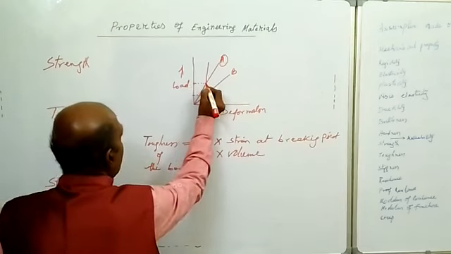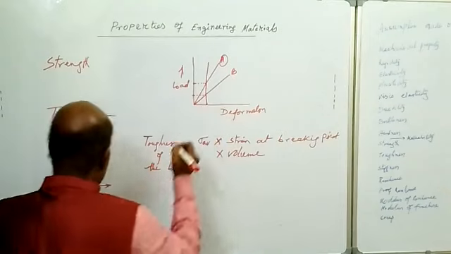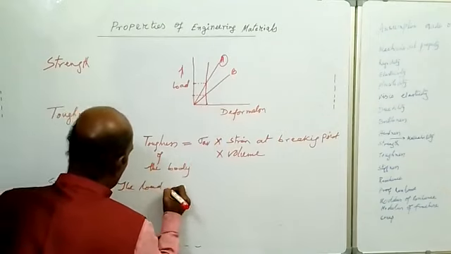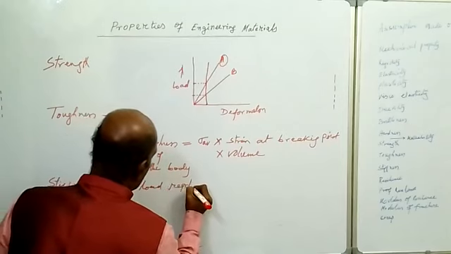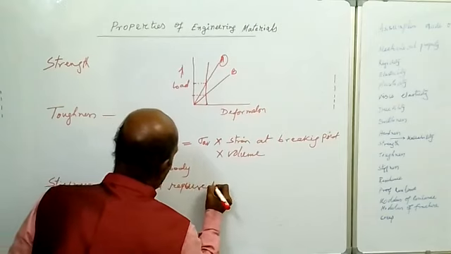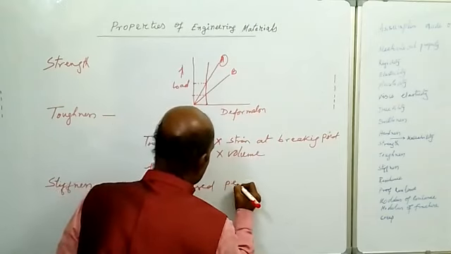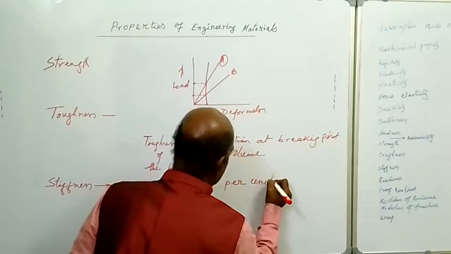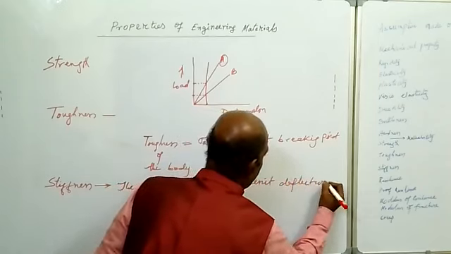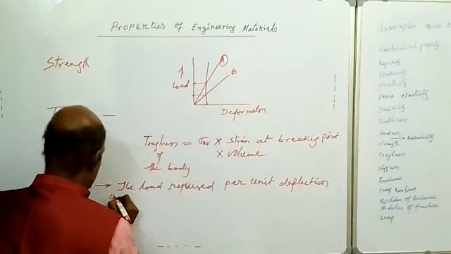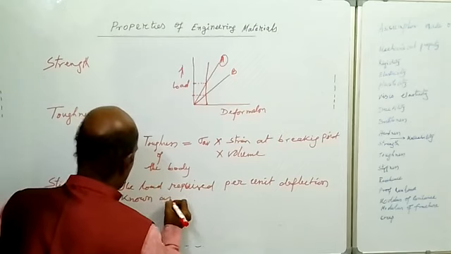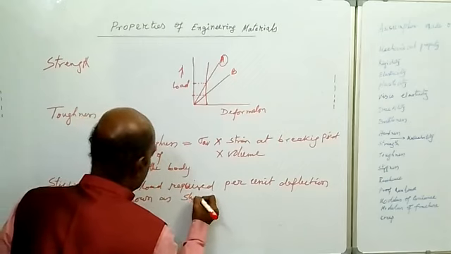It is the load required per unit deflection that is known as stiffness.